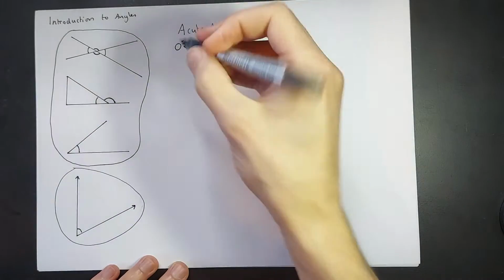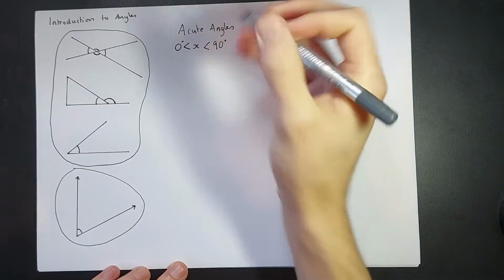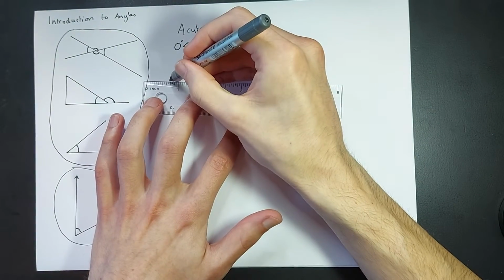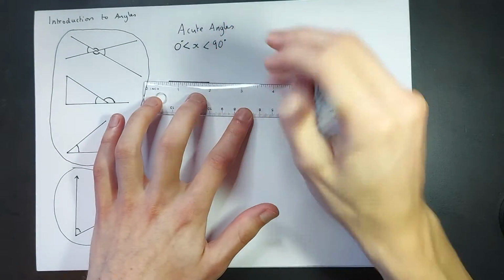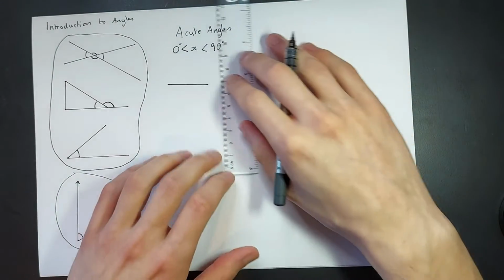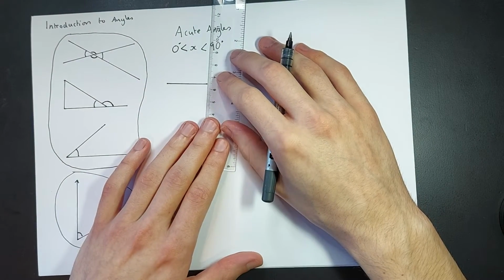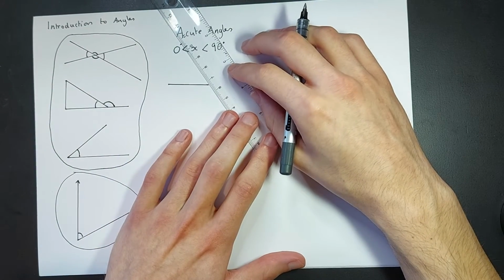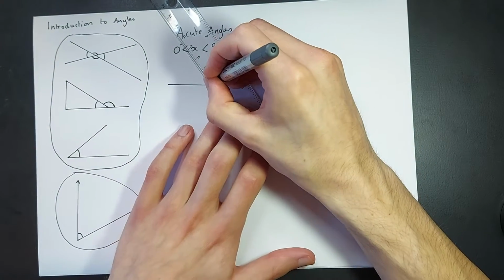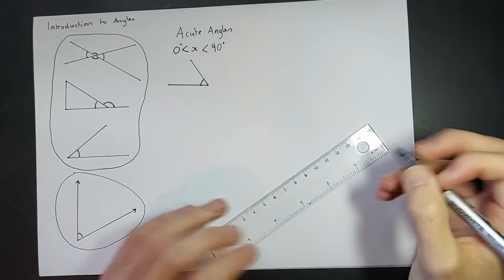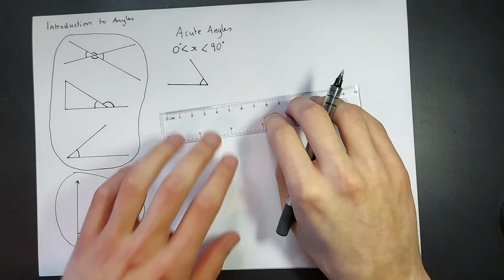Let's call our angles x, shall we? An example of an acute angle would be anything up until 90 degrees. So 90 degrees is like here, I would say. Anything less would be something like this. That would be an acute angle. It's not the only one. Obviously, there's loads.